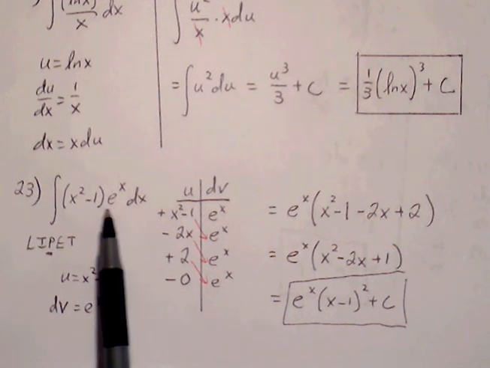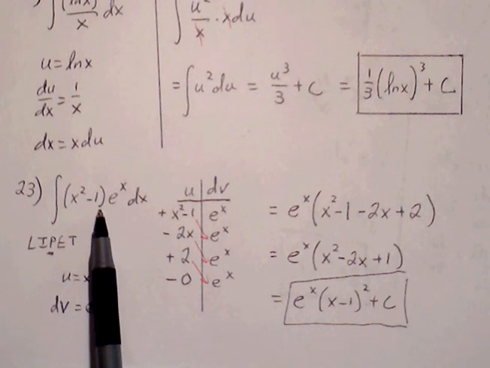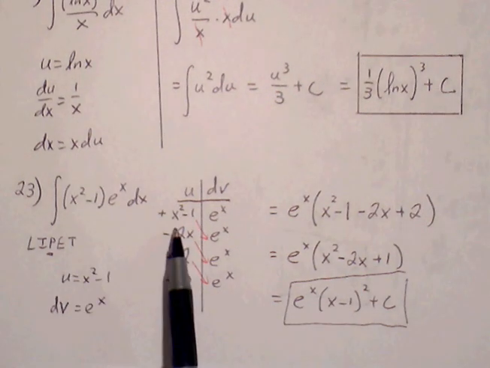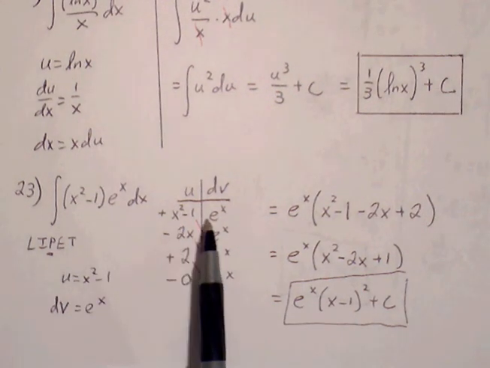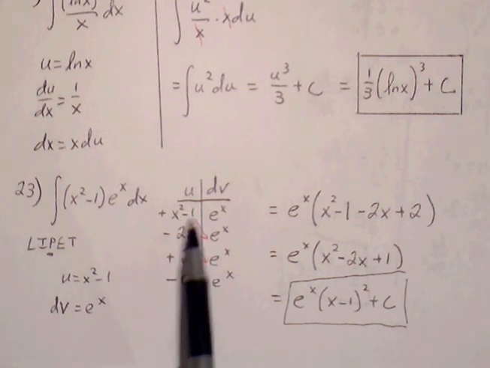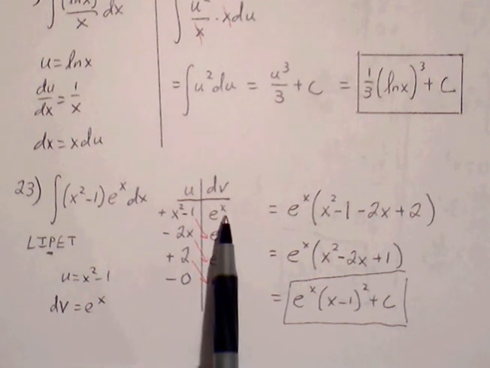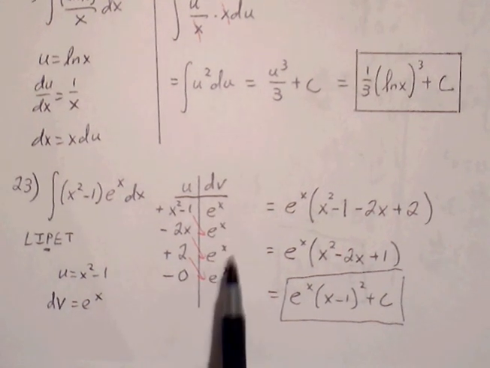And so we can actually go through the tab method because we can assign the u value to be the algebraic portion, in this case x squared minus 1. So x squared minus 1 is u, dv is e to the x. So we go through derivatives: x squared minus 1 becomes 2x, 2x becomes 2, 2 goes to 0. And then the integral of e to the x is convenient, it'll just be e to the x.